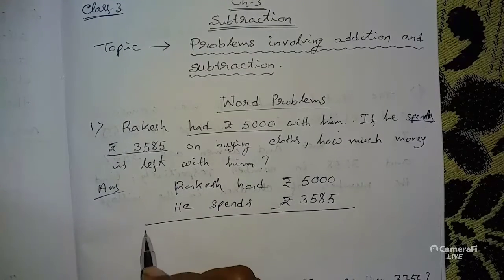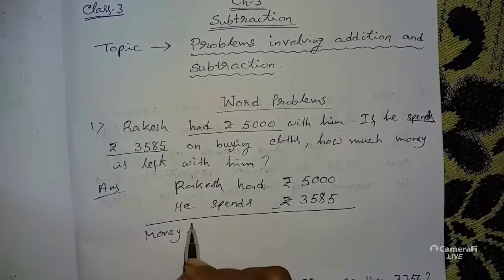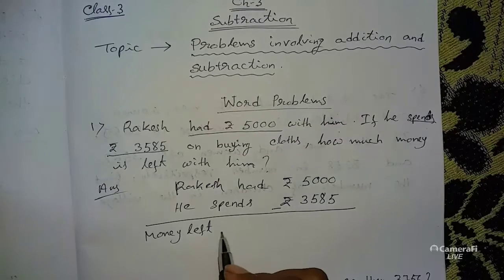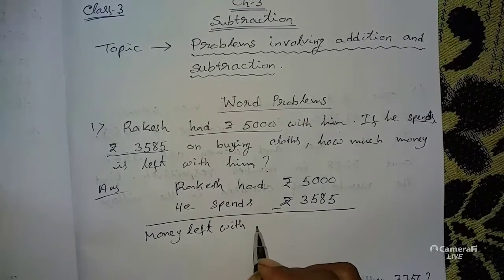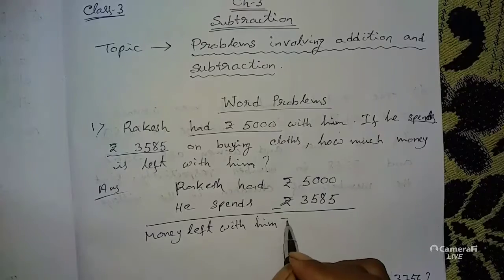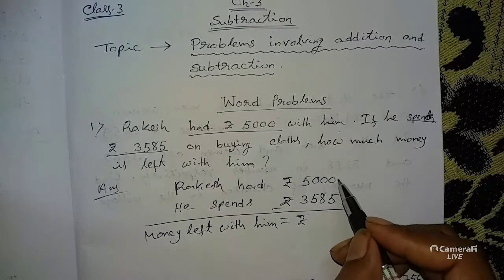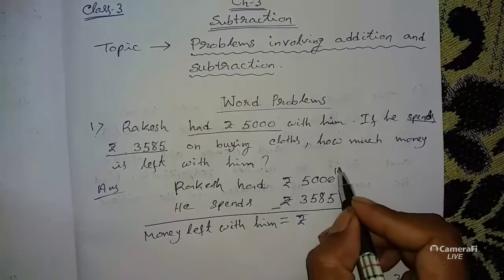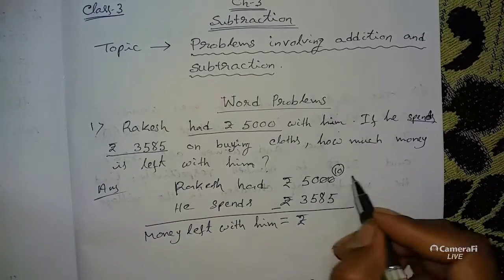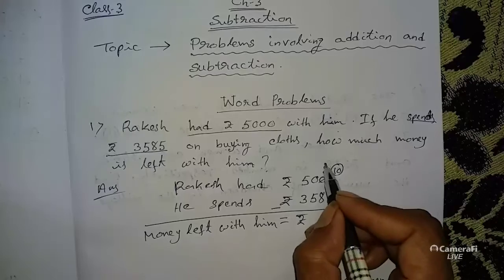So money left with him, rupees, subtract it. Consider 0 as 10. Borrowing 1 from here, consider 0 as 10 minus 1, 9.